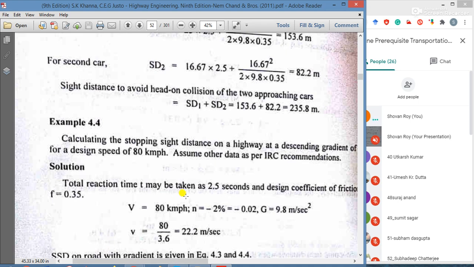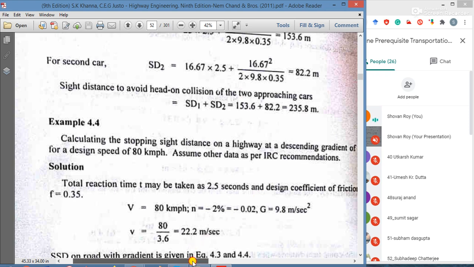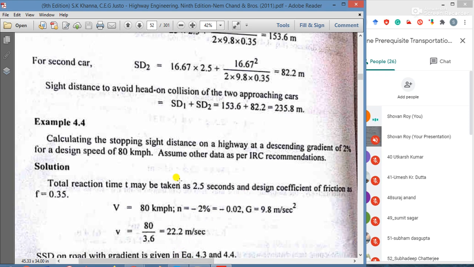Just one condition was there, that the efficiency of brake was 50%, and two vehicles are coming to each other in the opposite direction, and the speeds were 90 km and 60 km. We calculated the sight distance to avoid head-on collision of the two approaching cars. Okay, now we are going towards the third problem.